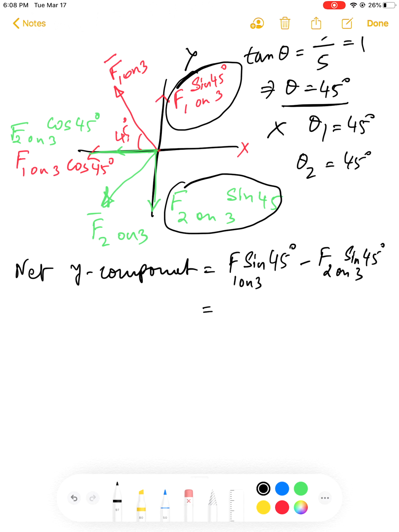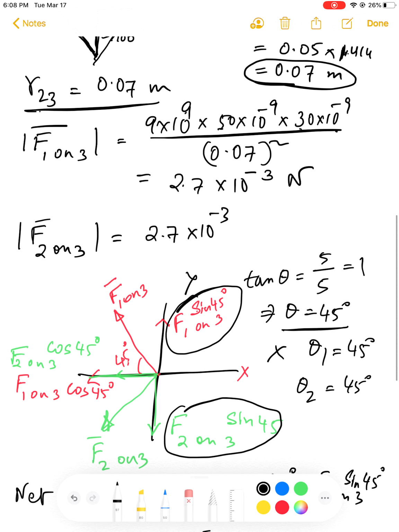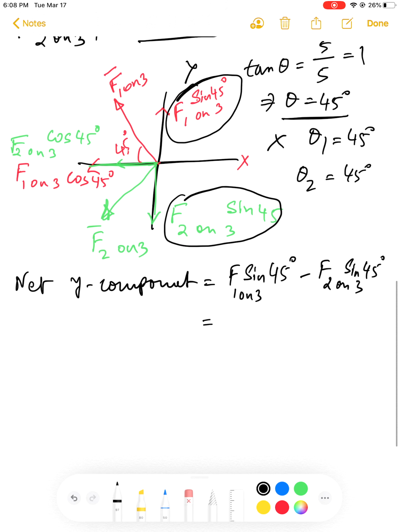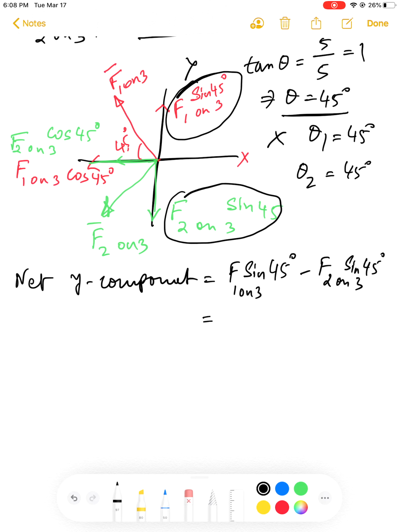And 1 on 3 and 2 on 3 magnitudes are the same, right? We have just seen these are basically the same numbers. So if you are just talking about the numbers here, they are equal. One of them has a negative sign, so they will basically give you 0 once you plug in the numbers.